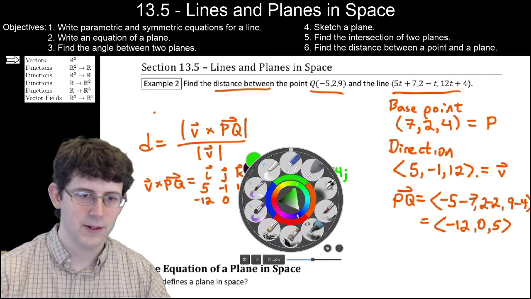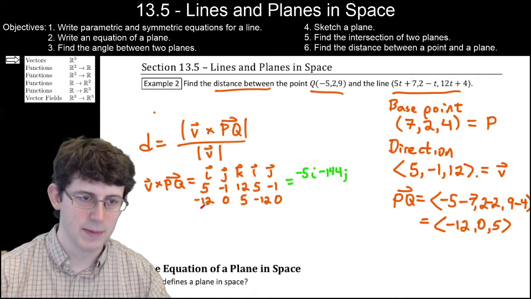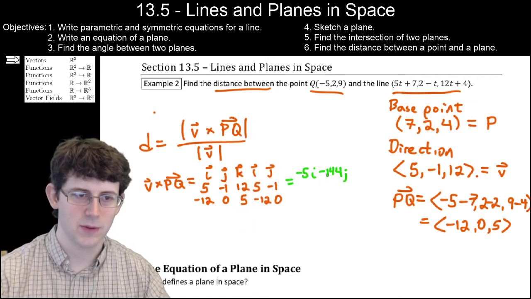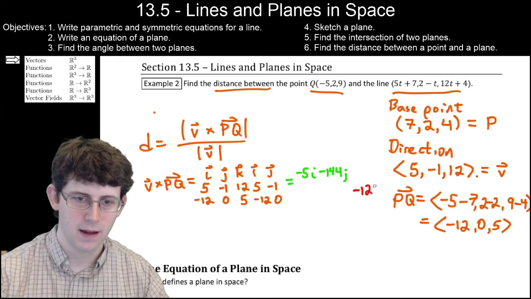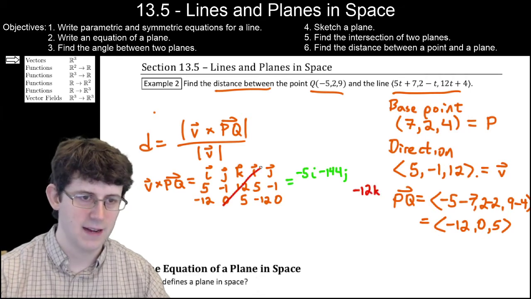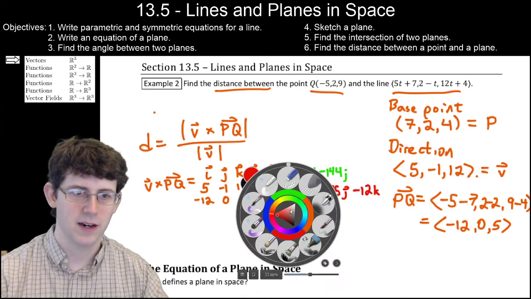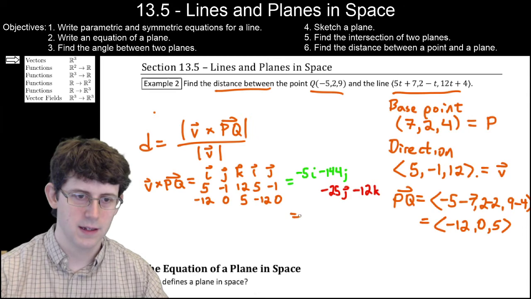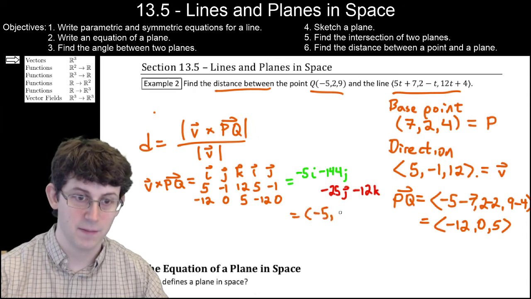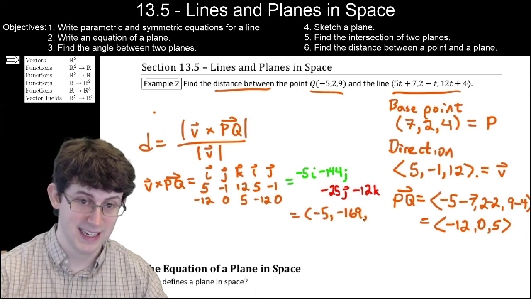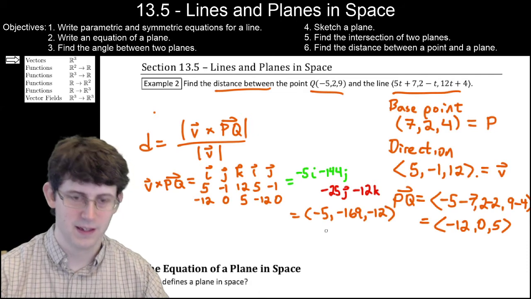And then I do the backwards diagonals, and those I get opposite. So this one I'll have minus 12k. This one I have no i's, and this one I'll have minus 25j's. So V cross PQ is minus 5, minus 169, minus 12. What a mess.